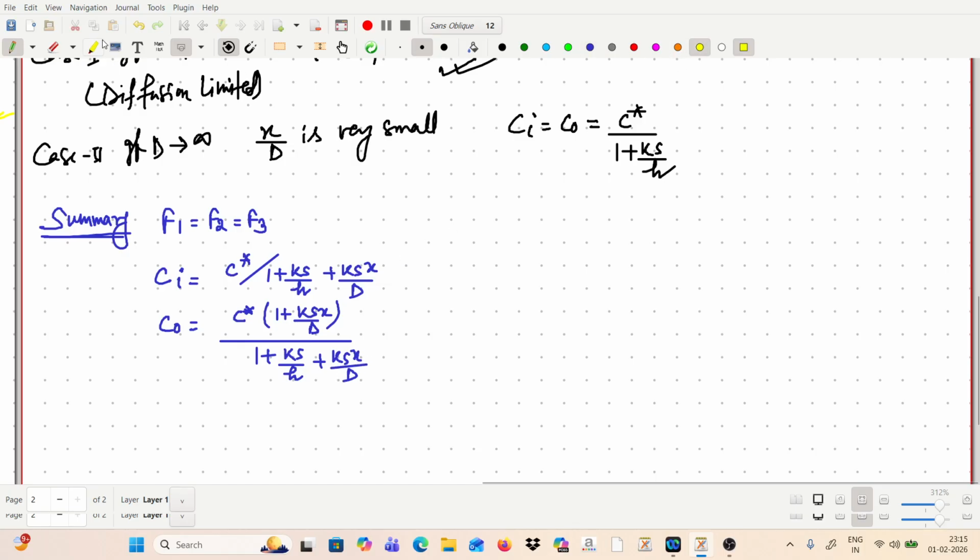These are the two formulas. This one is the equilibrium concentration, all these things.